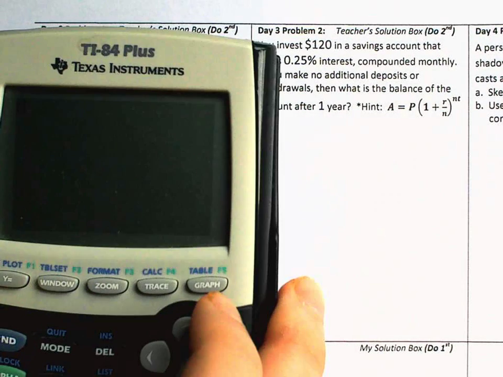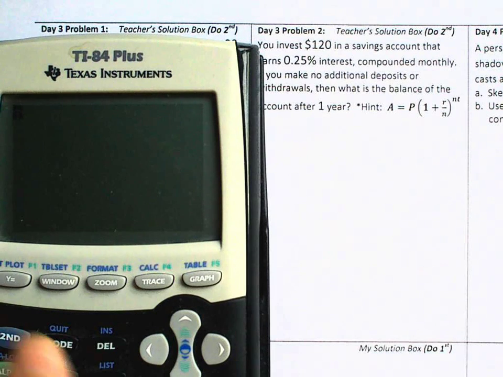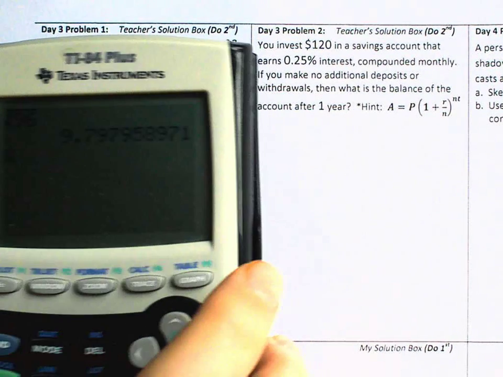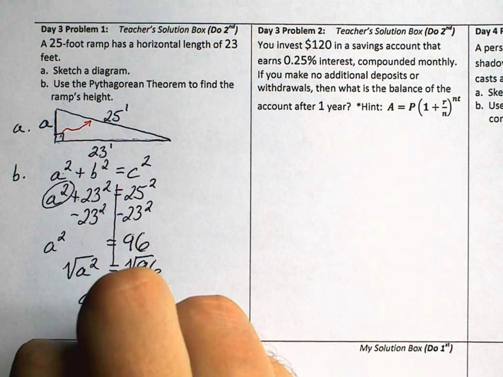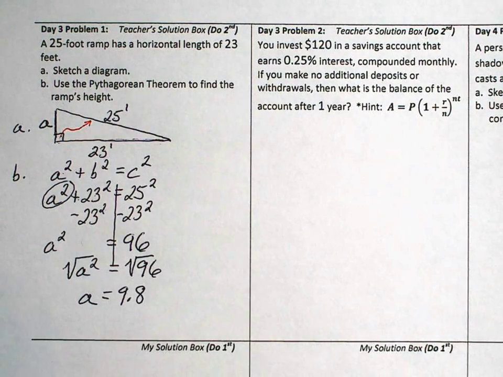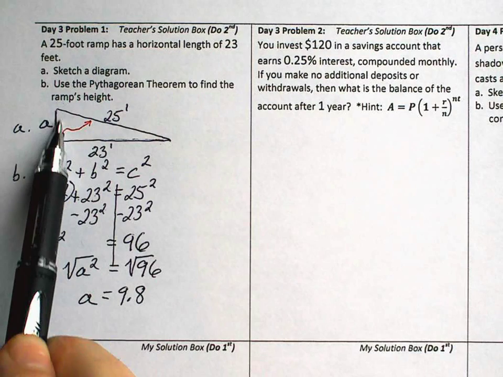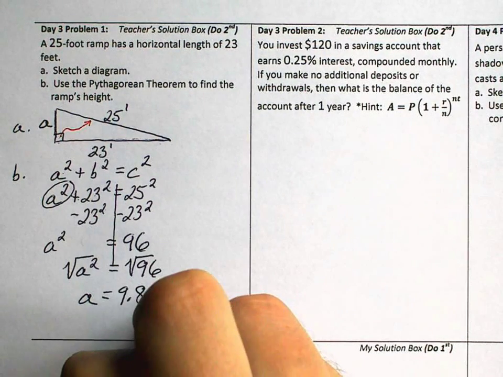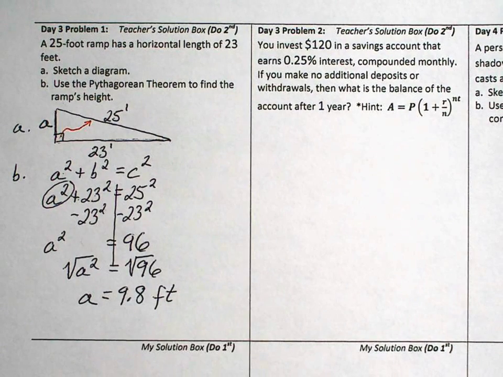Let's see what that is. Square root 96. 9.8. The letter A is the height of the triangle, which is what we were asked to figure out, and so we know that the answer is 9.8 feet.